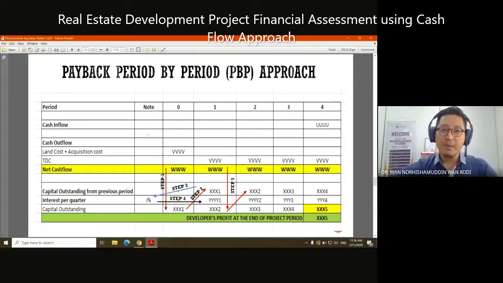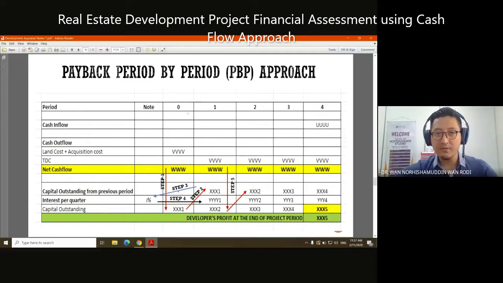Okay, within the payback period, you need to know the elements that make up the calculation for this particular approach. First, you need to have the capital outstanding from the previous period. Capital outstanding from the previous period is generally the accumulated debt or capital outstanding recorded from the previous period.